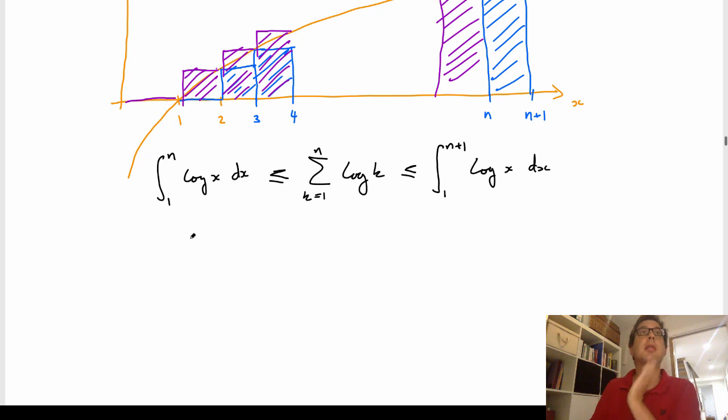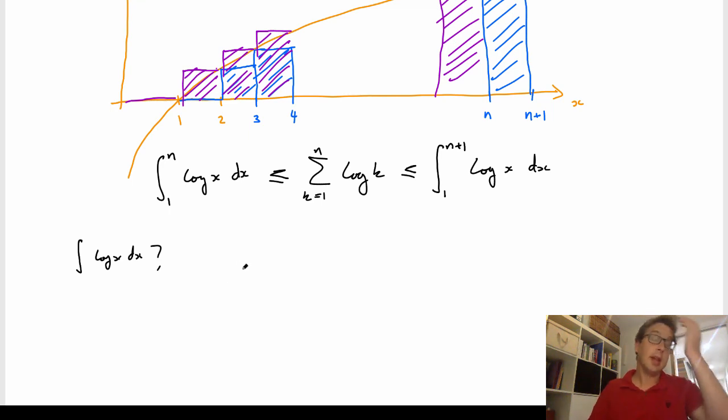by doing this integral. So the question is, well, what is the integral of log x dx? Well, I can just show you what the answer is going to be. If I can get something that differentiates with respect to y to give the part inside, then I'm going to have the correct answer.